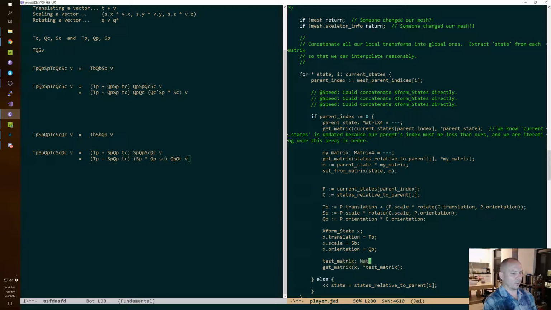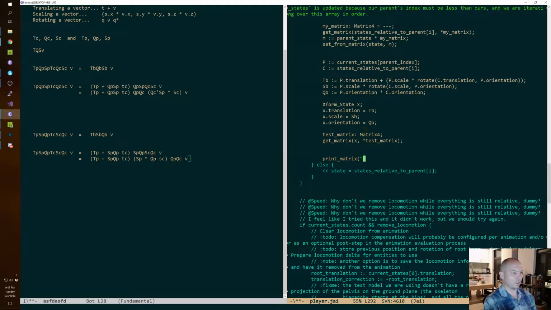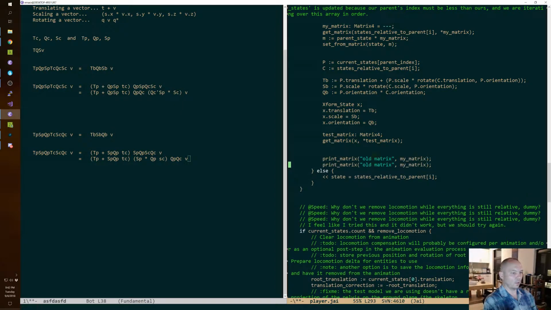Test matrix, matrix 4, and then we're going to print old matrix, my matrix, and new matrix, test matrix.